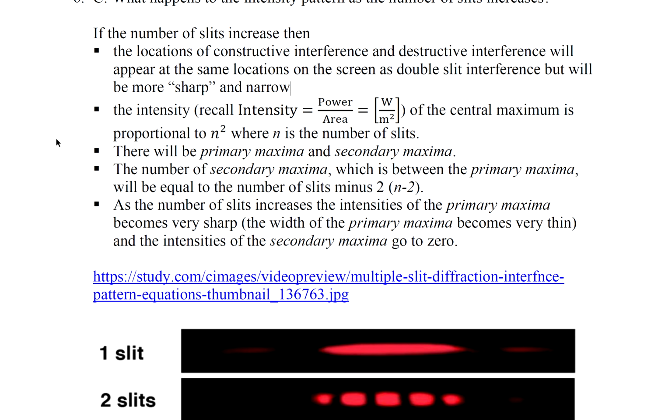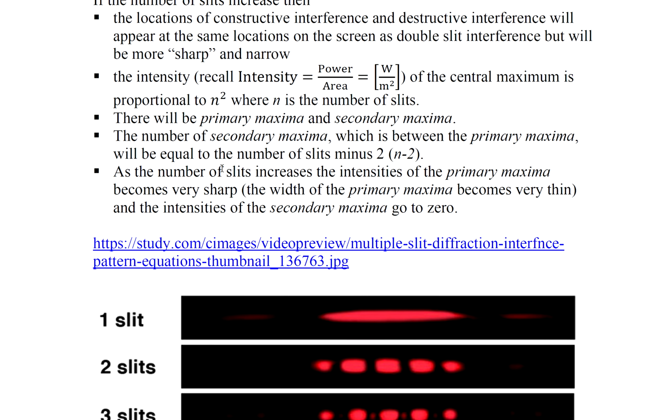The intensity of the central maximum is proportional to n squared, where n is the number of slits. There will be primary maxima and secondary maxima. The number of secondary maxima, which is between the primary maxima, will be equal to the number of slits minus 2, n minus 2.